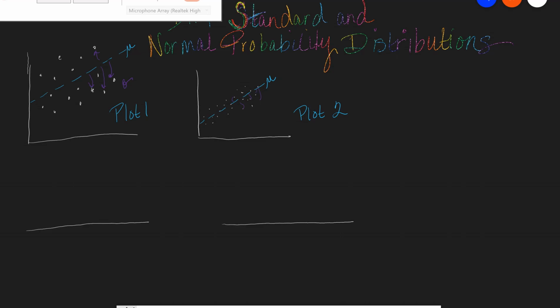I'm just going to make numbers up here since I didn't put numbers in my scatter. We'll say that the population mean for plot 1 is 3.5, and our standard deviation is 1.5.